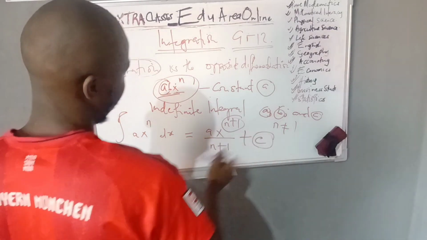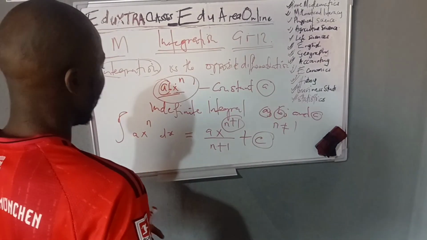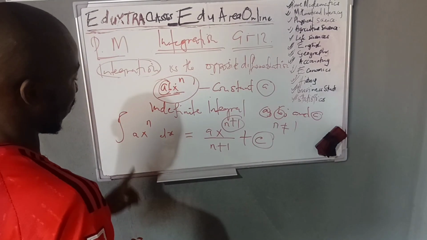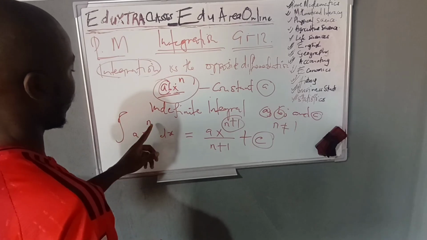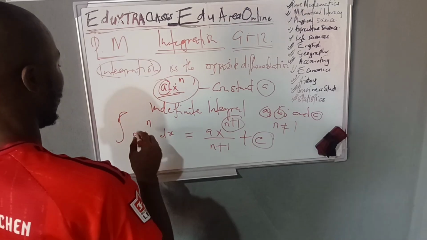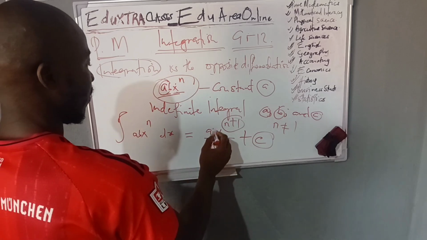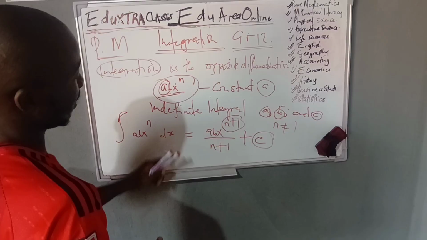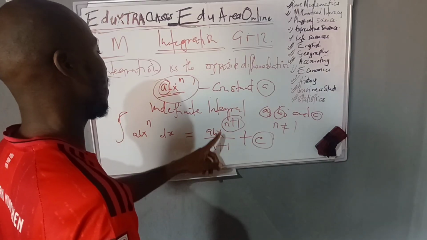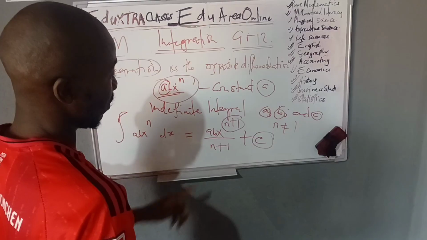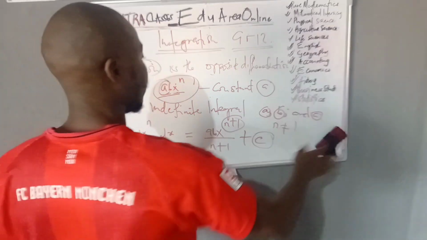So c is also our constant. So when you are given an integral of the form a x to the power n, even if we have b here, a b x, we would just carry b along. So the integral of a b x to the power n dx is equal to a b x to the power n plus 1 over n plus 1, which is the result.